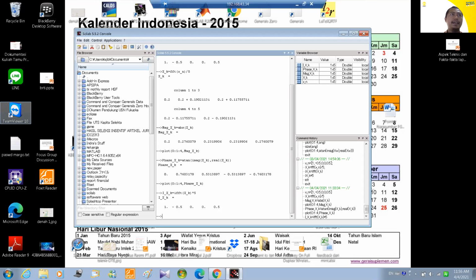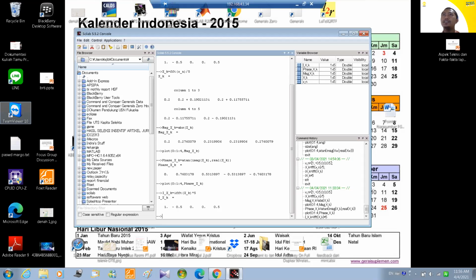Let's move forward, after inversing, to how to inverse the discrete time Fourier transform. Please remember that we use the discrete time Fourier transform because the signal is non-periodic and discrete.